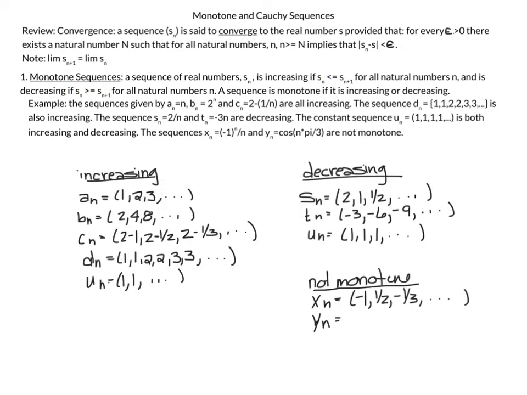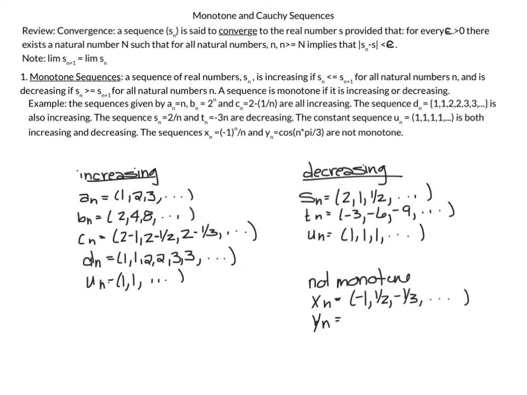Examples of monotone increasing sequences include a_n equals n, b_n equals 2 to the n, and c_n equals 2 minus 1 over n. I have written the first few terms here, and you can verify that every subsequent term is bigger than the ones before.